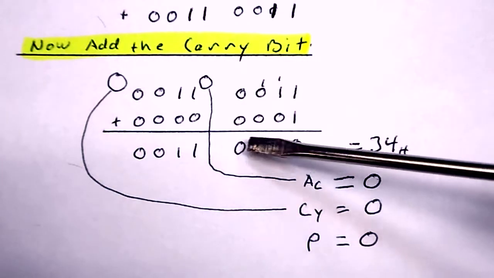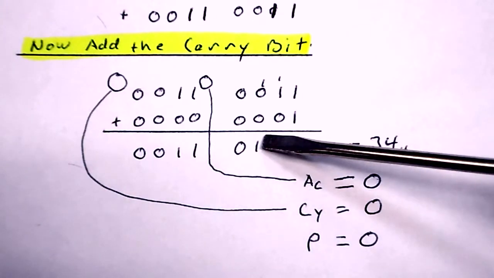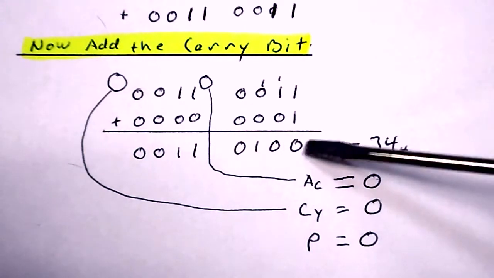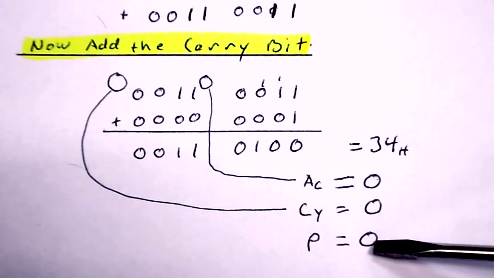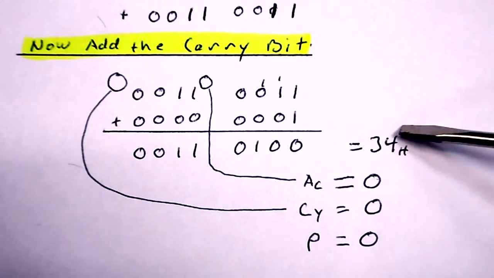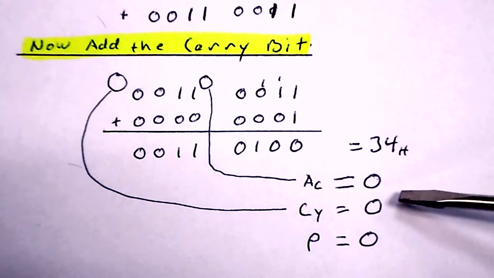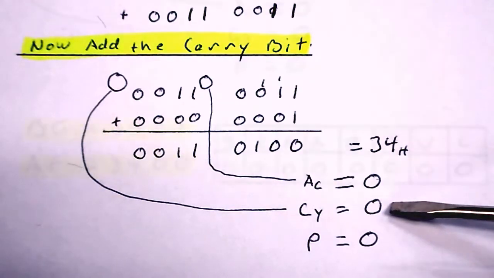To look at the parity, we just add up the number of ones. 1, 2, 3, 1 bits in here. So the parity bit is reset to 0. So our answer is going to be 3, 4 hexadecimal in the accumulator, and the flag register should be 0.